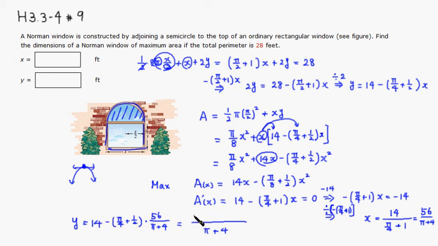So 14 times pi is 14 pi, and 14 times 4 is 56. Then we're subtracting: 56 times pi over 4 is 14 pi, and 56 times 1/2 is 28.